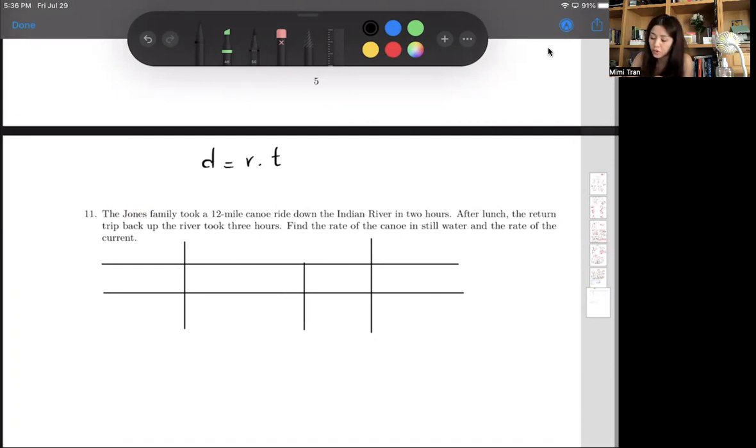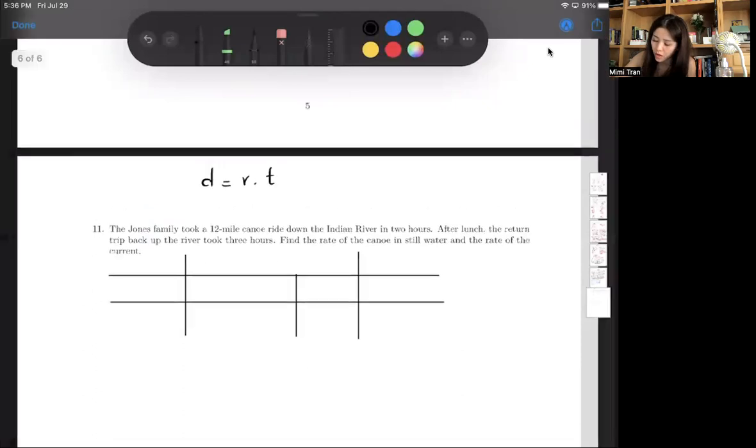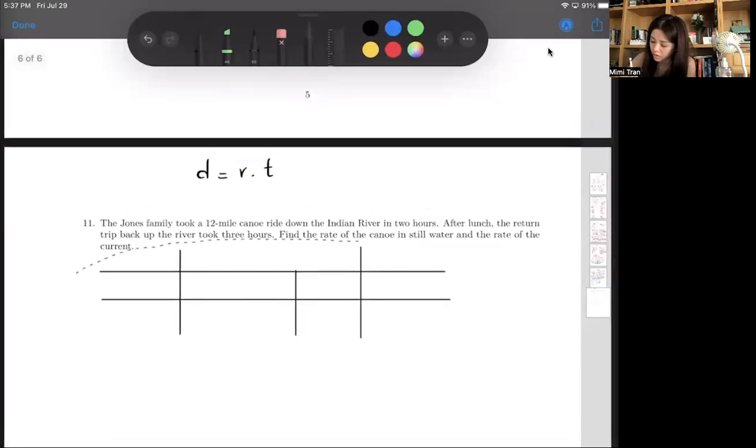So there are two variables that we're looking for here: the velocity or the speed of the canoe, and the speed of the current of the river. Let me move this down a little bit.